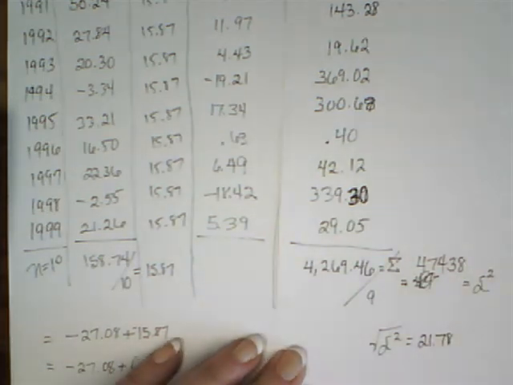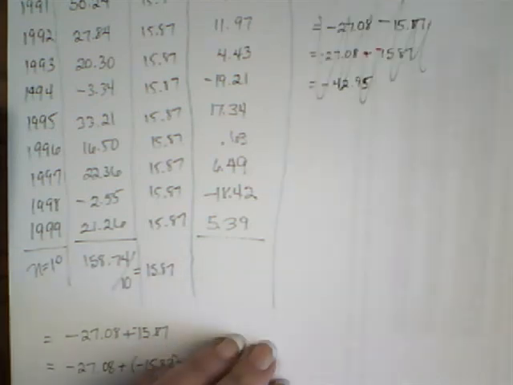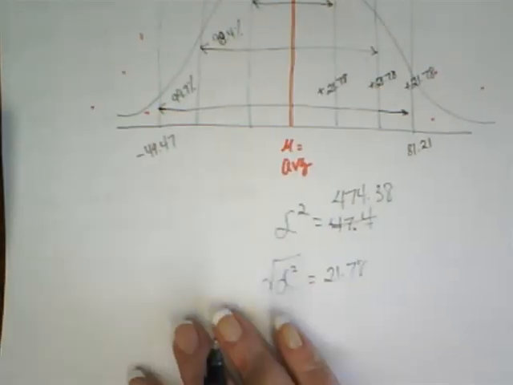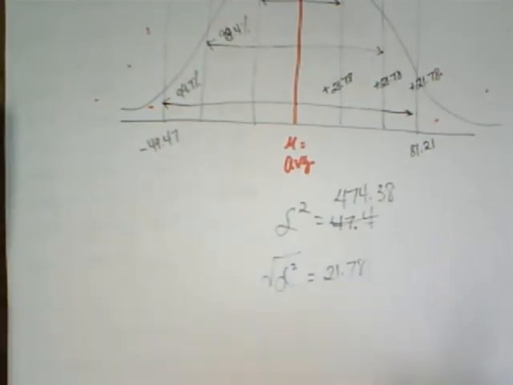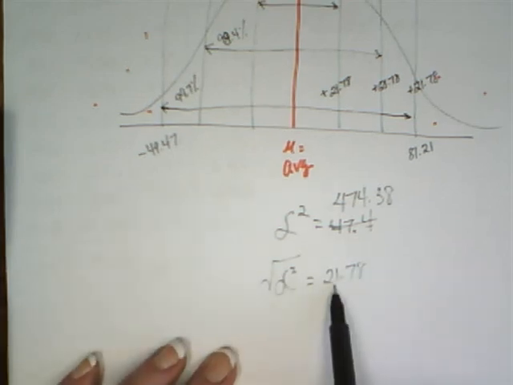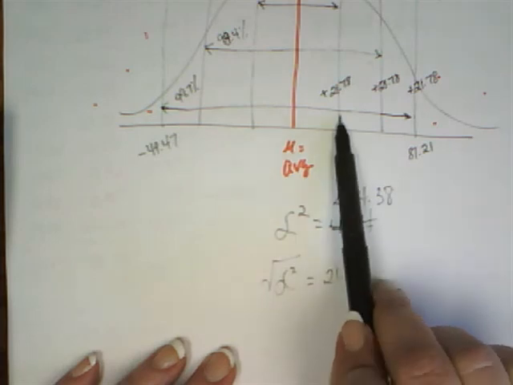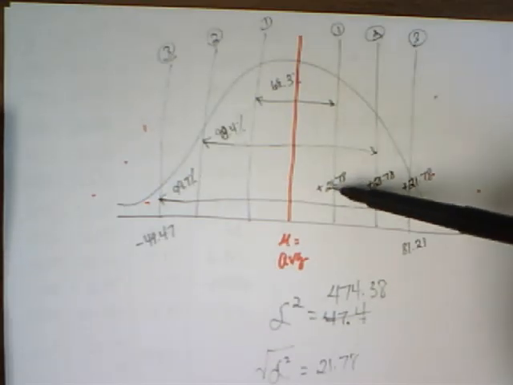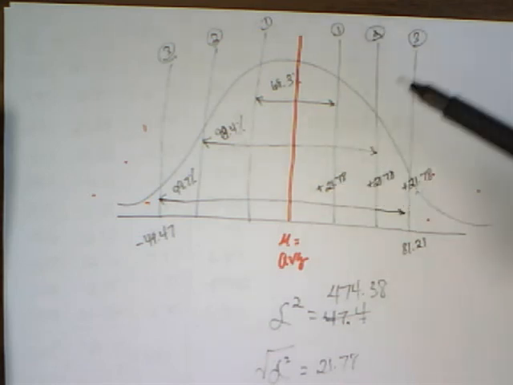So what that is telling us in terms of our original design here is that each standard deviation has a value of 21.78, which we'd already put here on our chart.